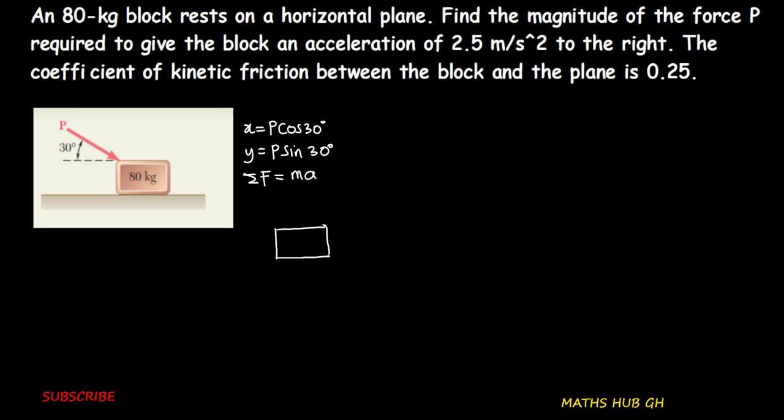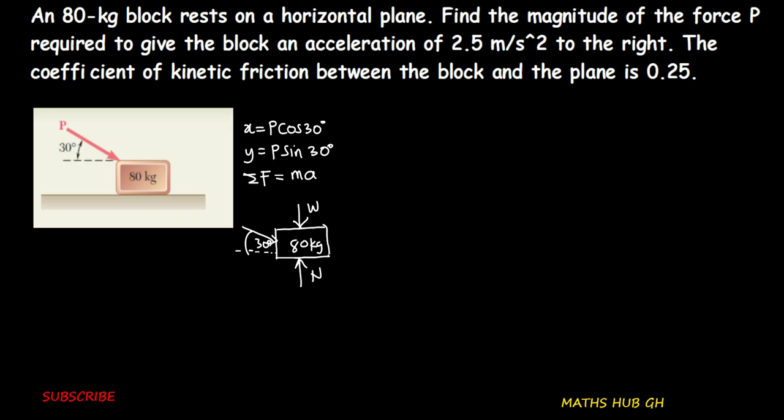So this is the block with a mass of 80 kilograms, and then we have the force P acting at an angle of 30 degrees to the horizontal. You're going to have the weight force of the block, and the normal force.